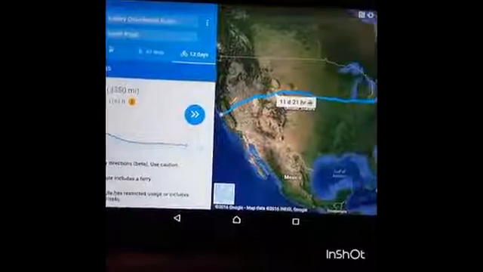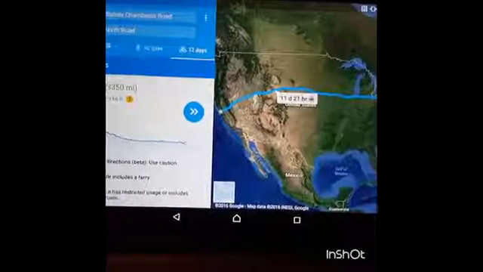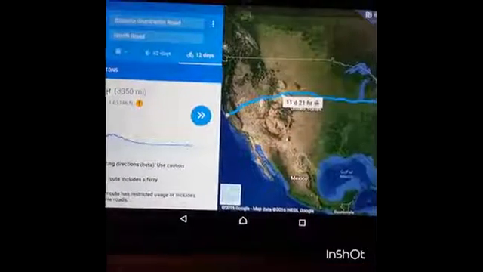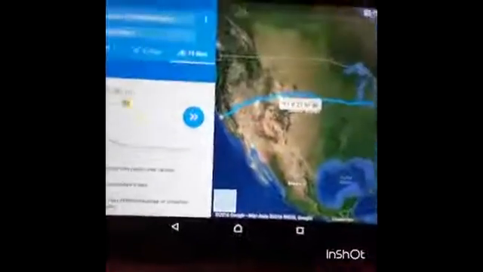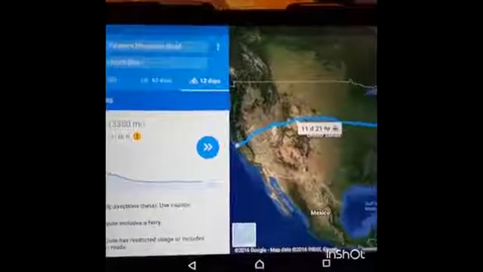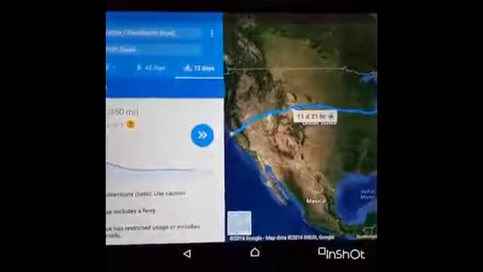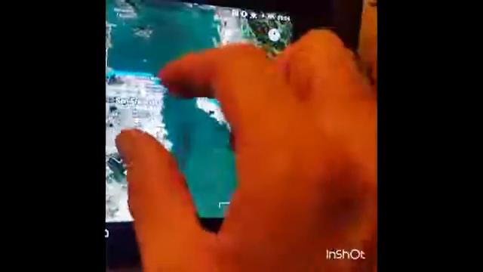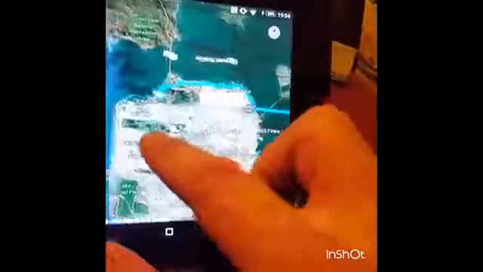Right, here's our American journey now. We're going from San Francisco to New York, which is Battery Chamberlain Road to North Road. Zoom in quickly if I can. San Francisco location.